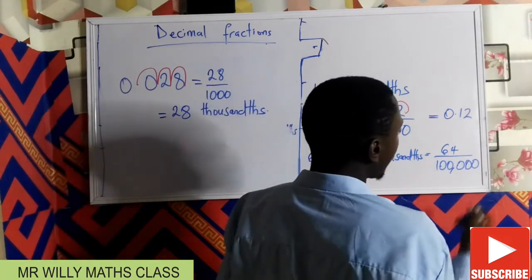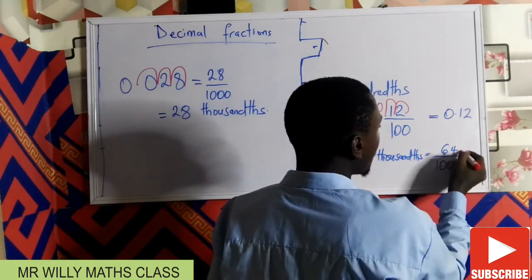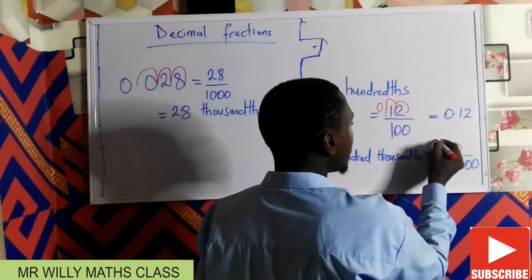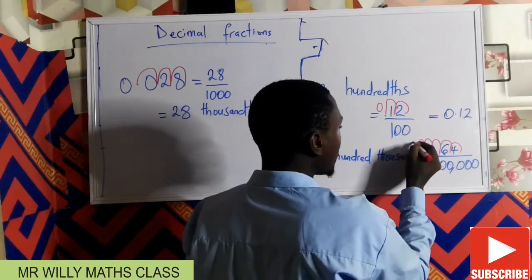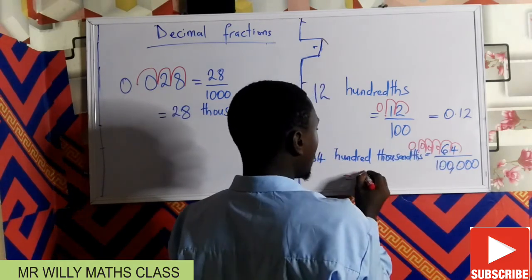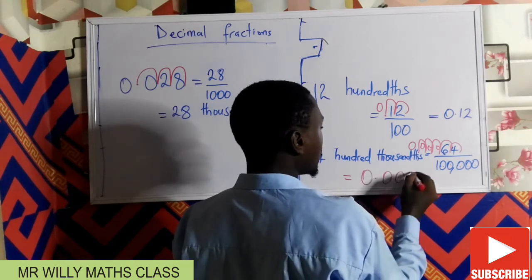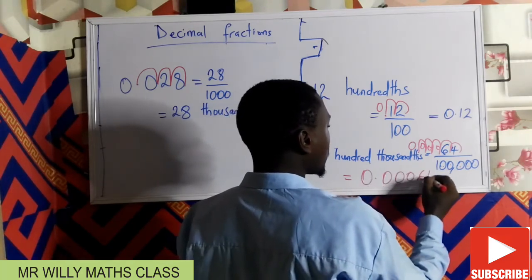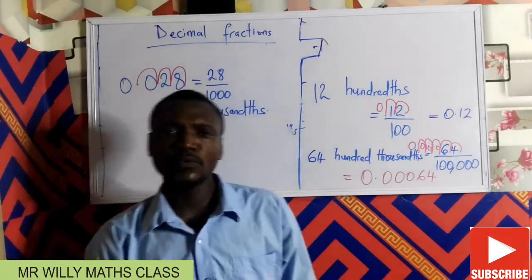How many zeros do we have? 1, 2, 3, 4, 5. So you count 5 places, put your point here, and put the zeros. Our answer will be 0.00061.